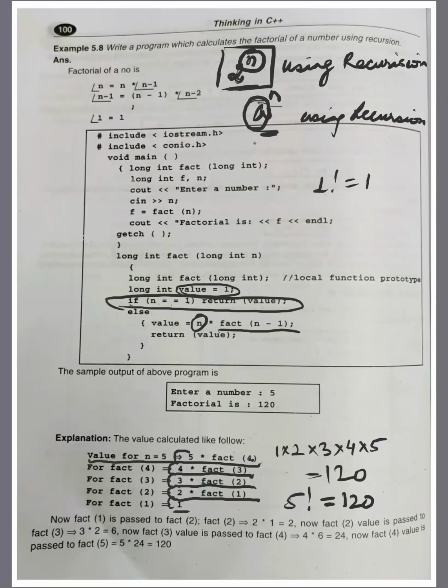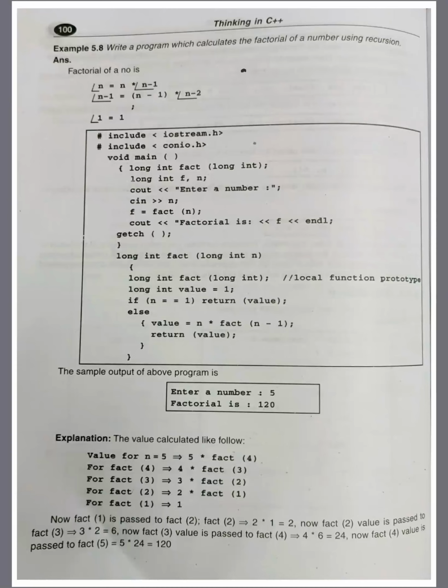You can find out the value of 3 to the power of 5 also, or say 7 to the power of 9 also, because a and n both will be input from the user. So just try out this example of a to the power of n using recursion.